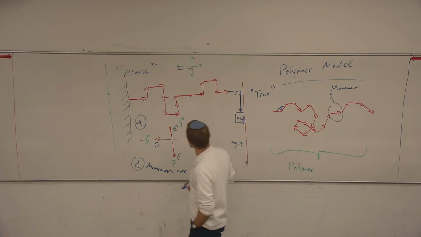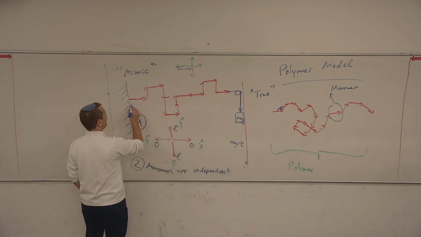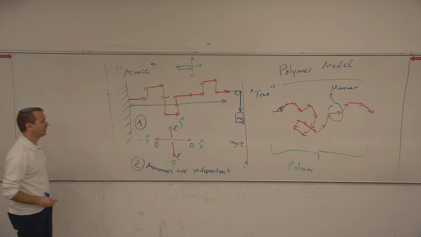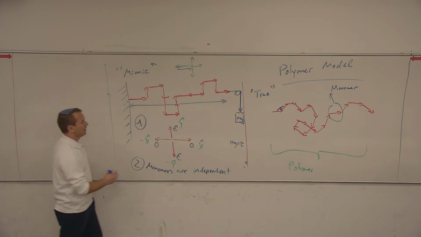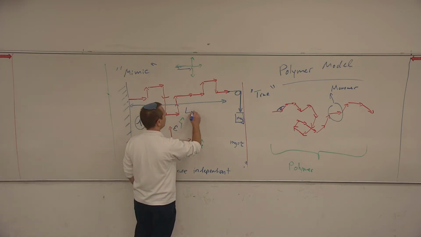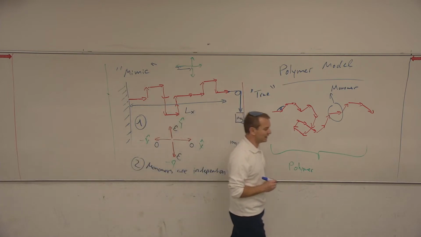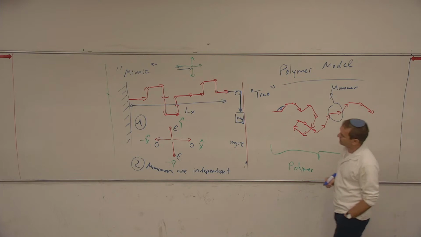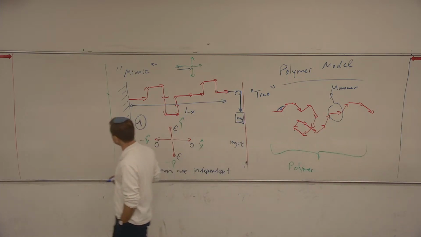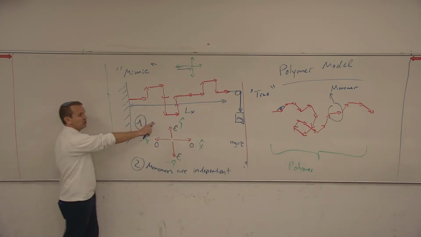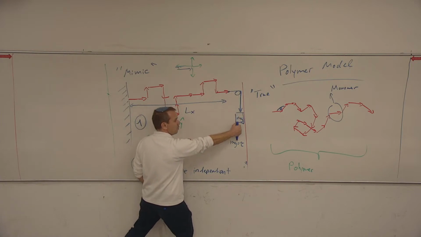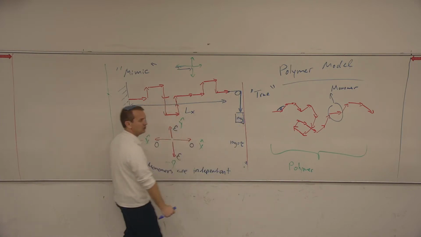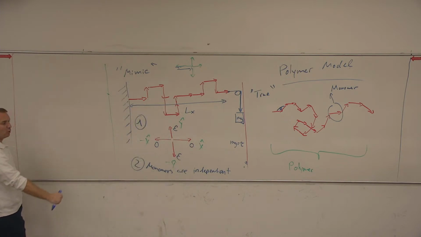So let's assume that this length I call Lx. Now, there is a gravitational energy due to the fact that I'm pulling my weight. There is a weight here of size mg, and I'm basically pulling it downwards.